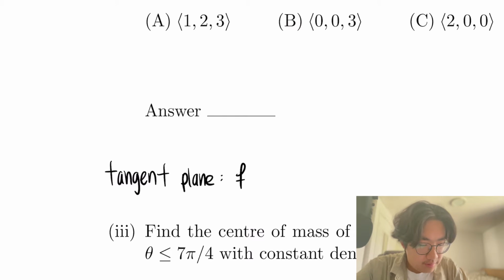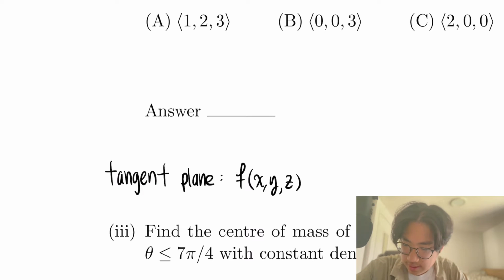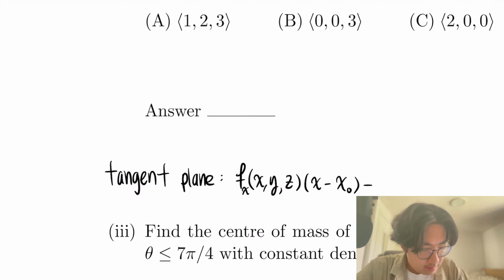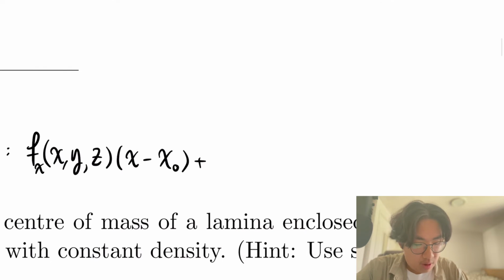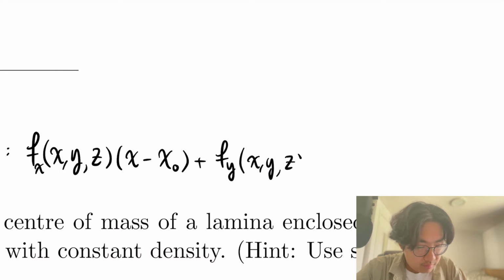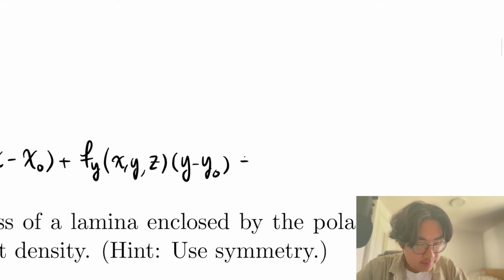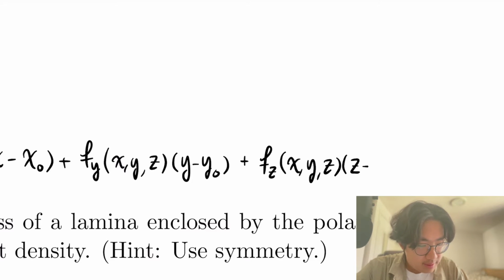So we have f of x, y, z, I believe is how I expressed it, or yeah, so it's the partial with respect to x, times x minus x naught, and then f sub y, times y minus y naught, and then finally f sub z of x, y, z times z minus z naught.